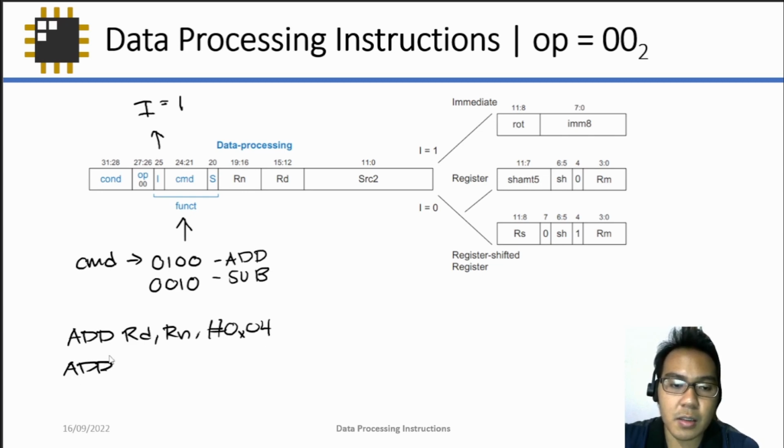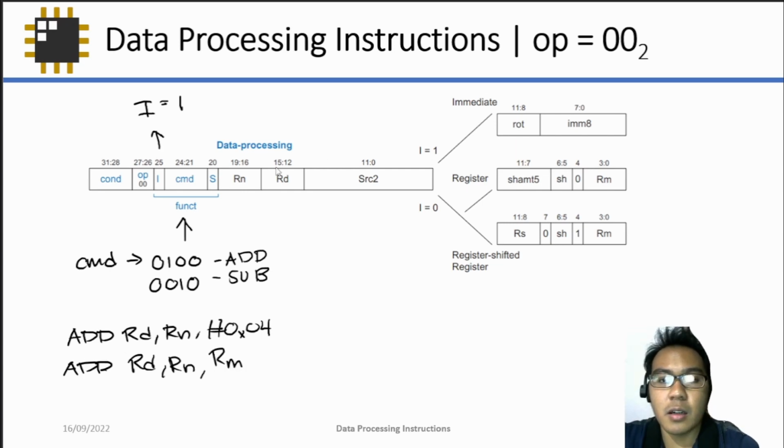For instructions that are like this instead, you have I equals 0. So if it's not immediate addressing, you go down here. It's written right here. I equals 1 or I equals 0. How do you choose between register and register shifted register?